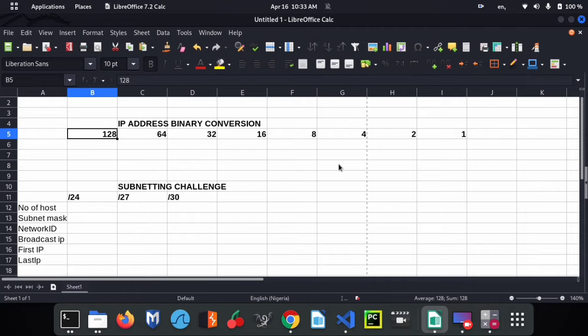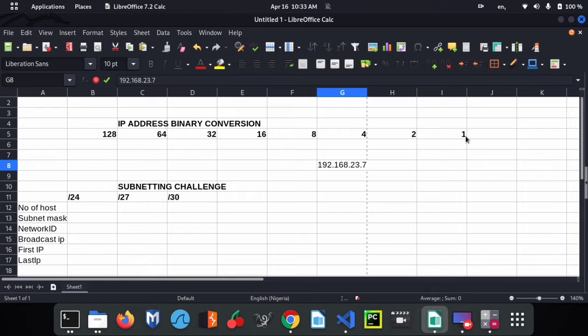And because we have 4 octets, let me just give an example of an IP address so it's easier to understand. Let's say we have 192.168.23.7 as an example of an IP address. Each octet here is separated by a dot, and we call this the dotted decimal notation.